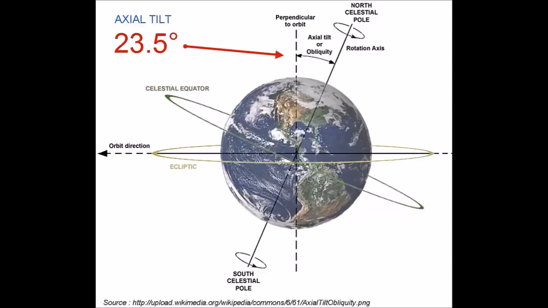So when looking at the stars, the horizon is the celestial equator, which is actually the observer's eye level. And again, the difference between the ecliptic and the celestial equators is 23.5 degrees.